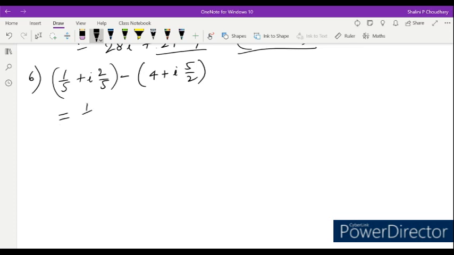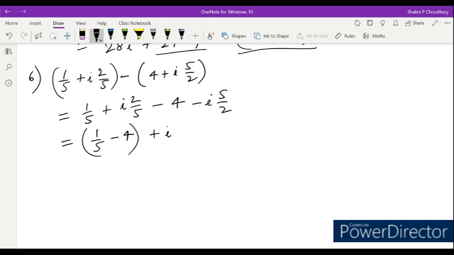So this will be 1 upon 5 minus 4, this is the real part, and now for the imaginary part we take i common: 2 upon 5 minus 5 upon 2.